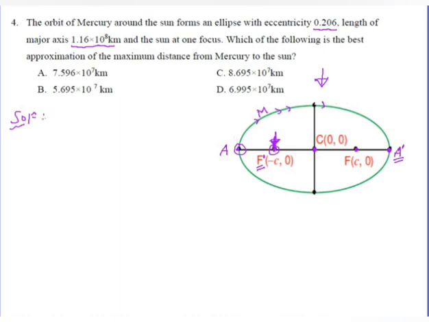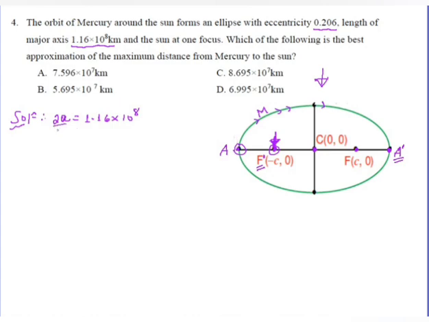So from the given information, the length of the major axis, that means between A and A prime, usually we denote it by 2 times a, is given as 1.16 times 10 to the power of 8.